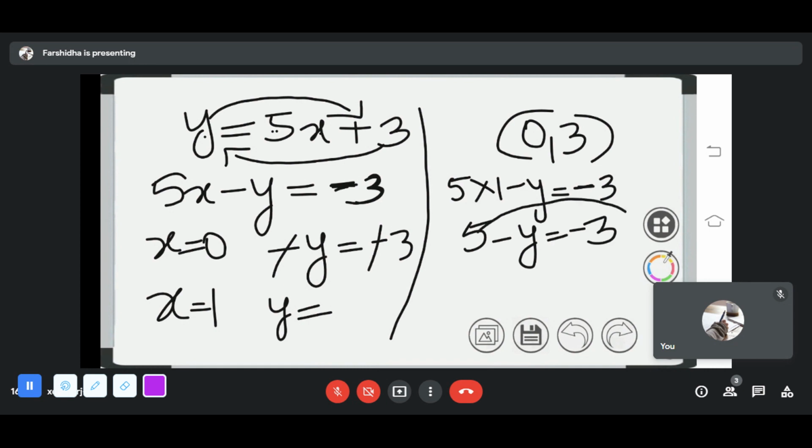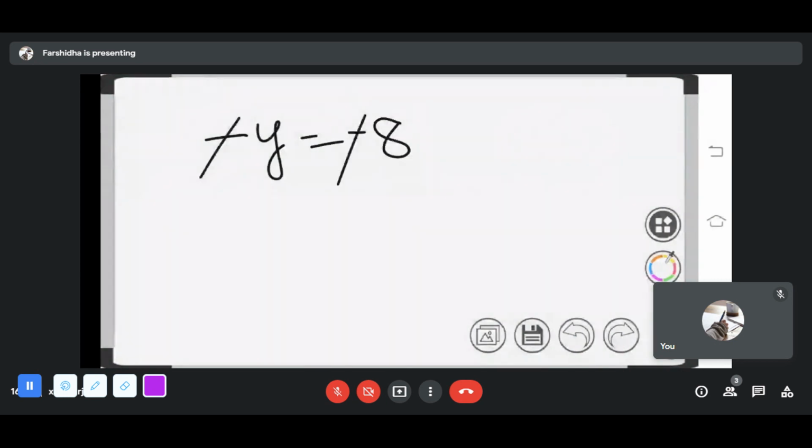I'm taking this 5 to this side, so minus y is equal to minus 3 minus 5. Minus 3 minus 5 is minus 8. So minus y is equal to minus 8. Negative, negative got cancelled, y is equal to 8.